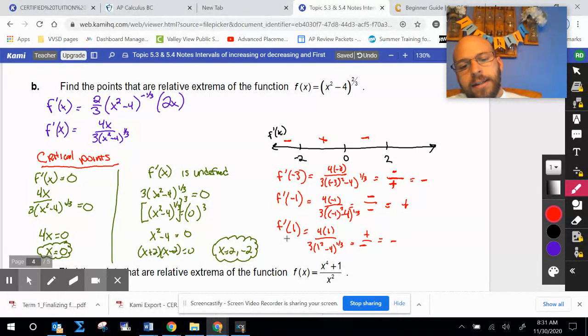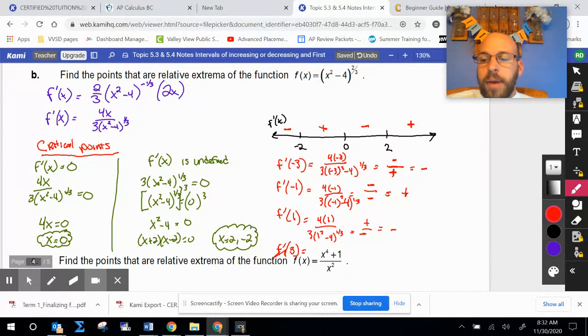And then last but not least, f prime of something bigger than 2, let's say 3. You plug that in. I ran out of room here a little bit, but I'm pretty sure we're going to get a positive value.